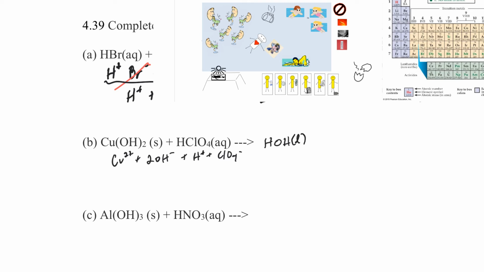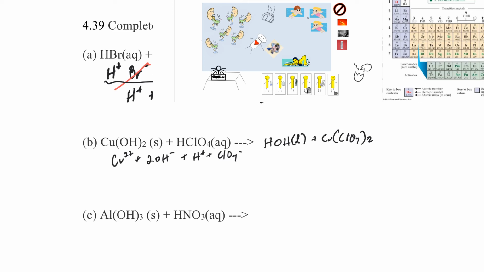And what was the other one? Copper 2 plus perchlorate, and that's just a salt, because I've got something from the left and I've got a positive and a negative. Okay, any ionic compound is called a salt, and a salt will simply dissolve in the water, completely break apart.